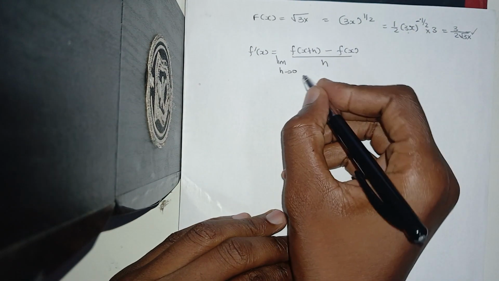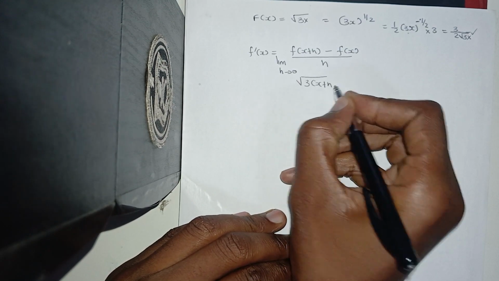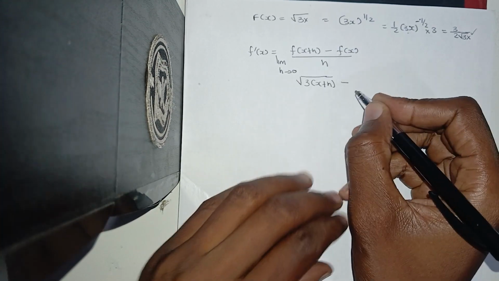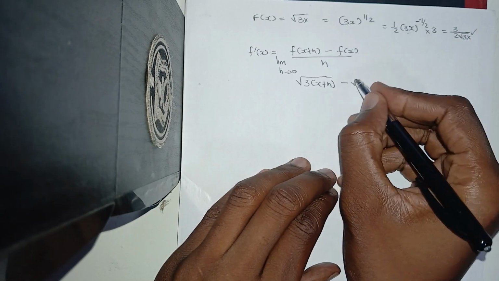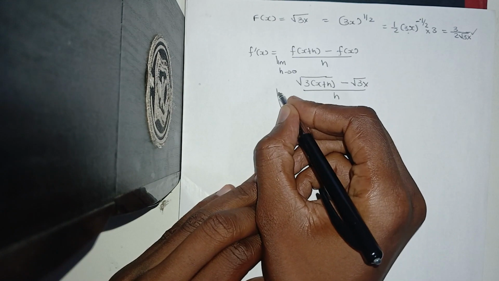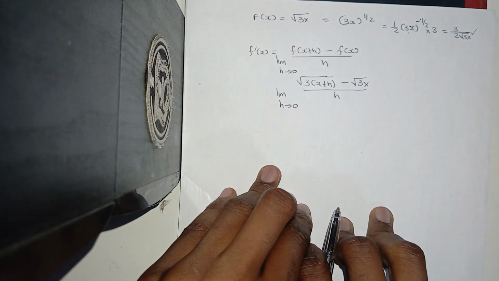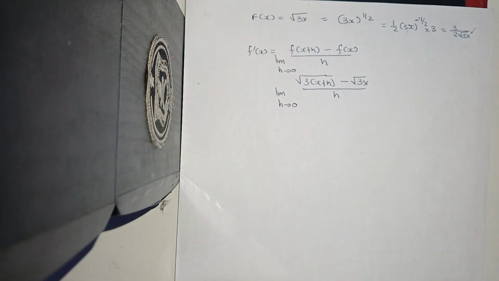So we have root of 3x plus h, minus root of 3x, divided by h, limit as h approaches 0.